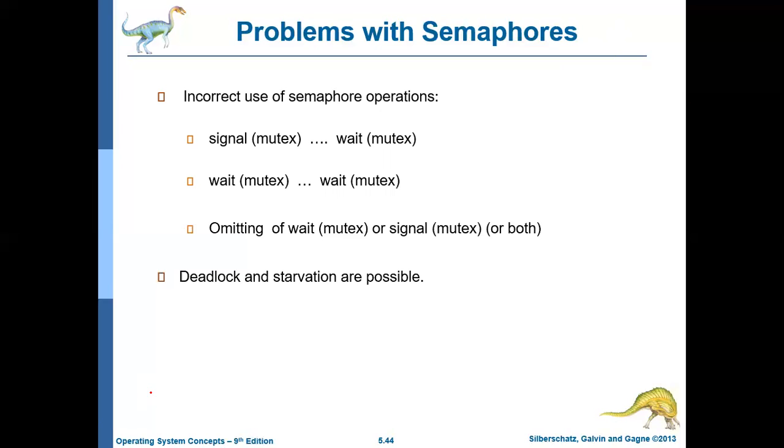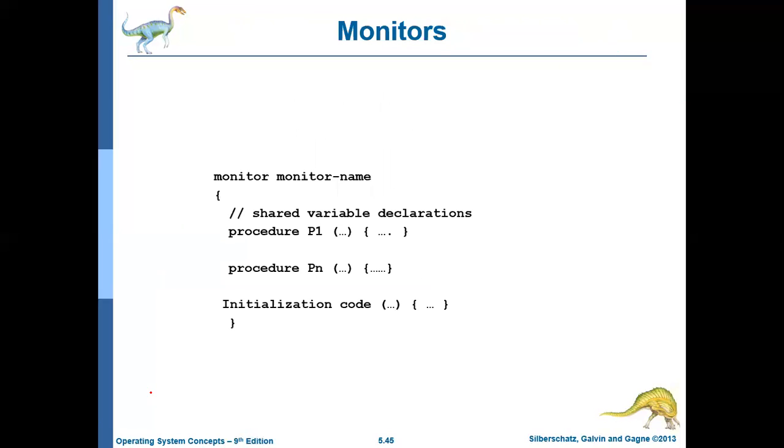So to address these issues, another concept was introduced, called monitors. What monitors do is not leave everything in the hands of the programmer. Rather, they provide a high level abstraction for process synchronization. High level abstraction means something like a class.